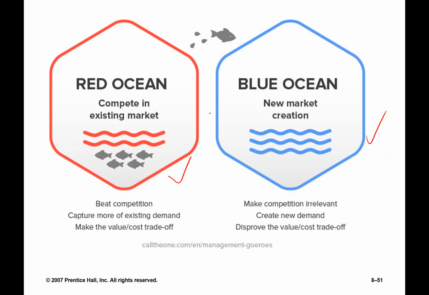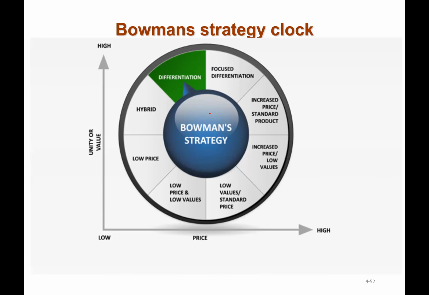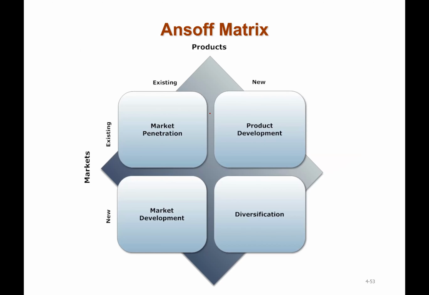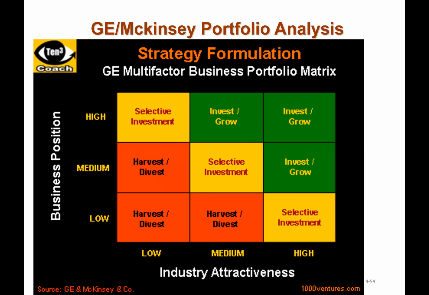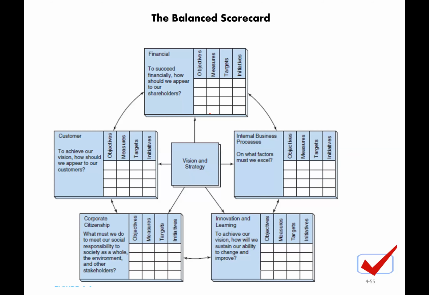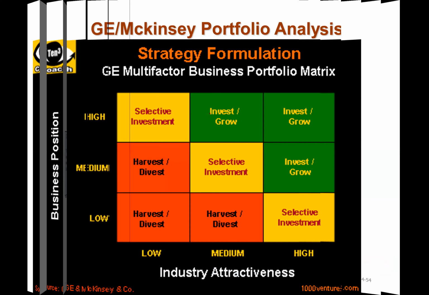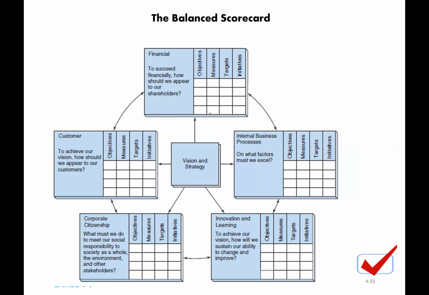I will not go through all these strategies. This is just the tools available in strategic management. Also the Bowman strategy clock, and then what else? Ansoff matrix, McKinsey portfolio analysis, balanced scorecard analysis, etc. All those are the analyses that managers normally use in order to analyze your current position.